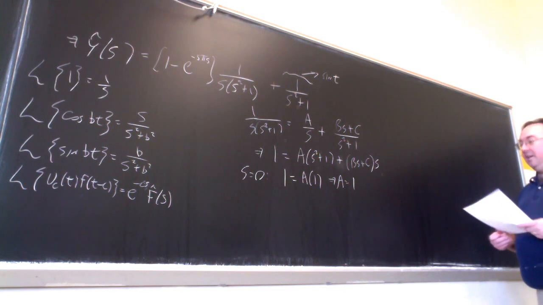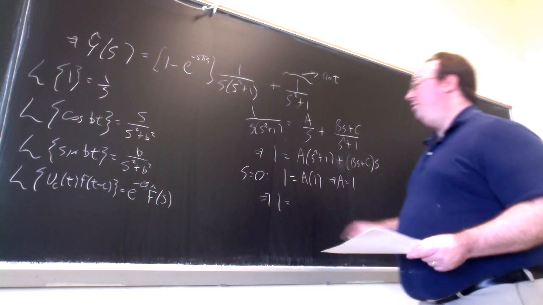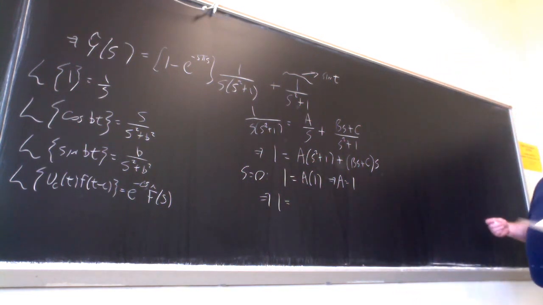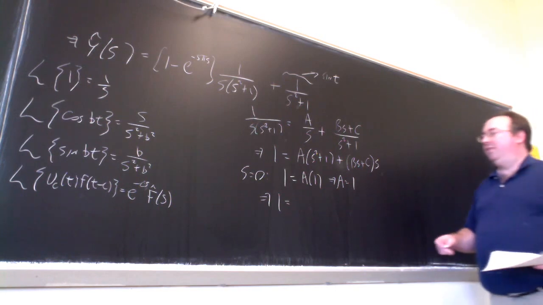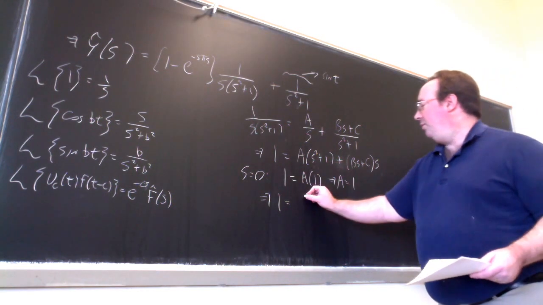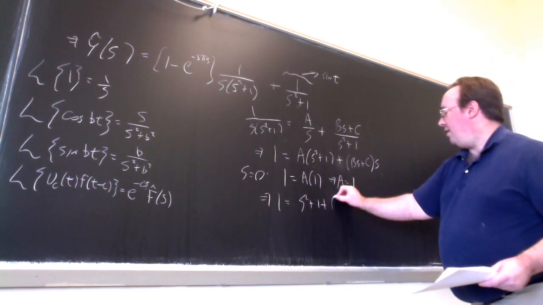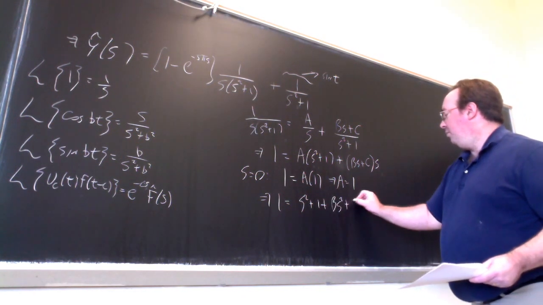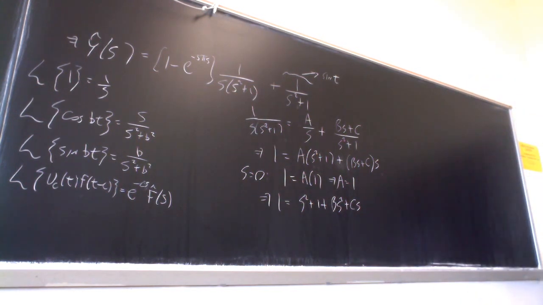And then, as for the rest of it, another approach you can take, especially when there aren't any super convenient values of s to substitute, is just go ahead and expand this whole thing and match up like terms. So now that we know that a is 1, we have s squared plus 1, and then we have bs squared plus cs. And these have to match for any value of s.